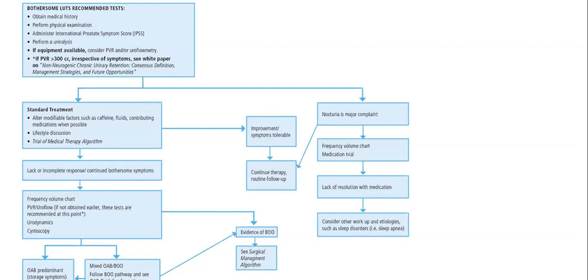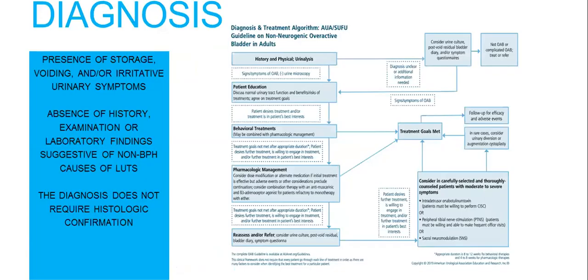Additional tests can be prostatic imaging with transrectal ultrasound, cystoscopy, and dynamic testing, which has become a lot more useful these days. But the diagnosis is essentially based on the symptoms, the absence of other pathology on history and examination findings, and doesn't always need or require histologic confirmation.